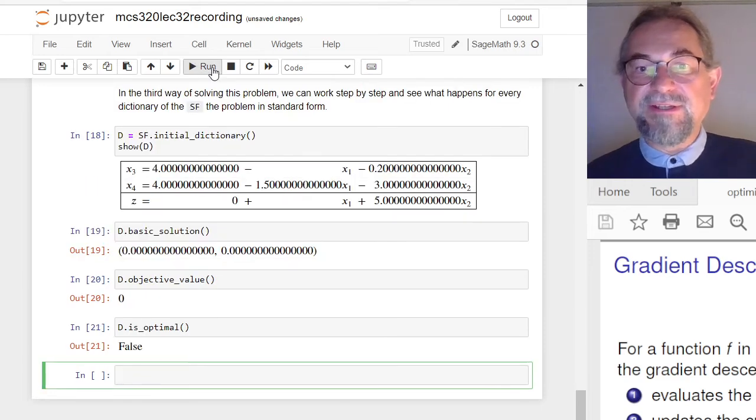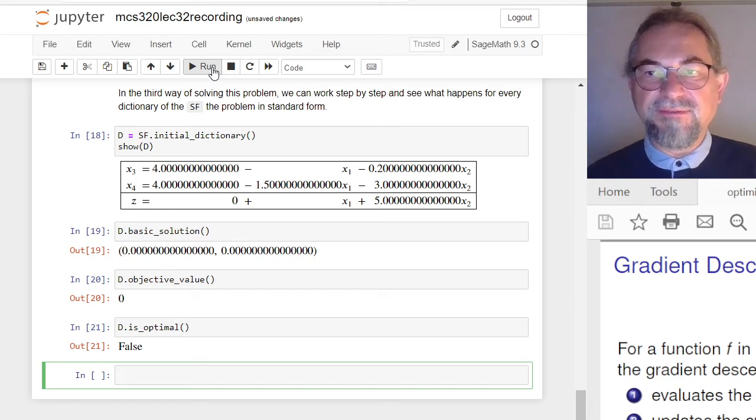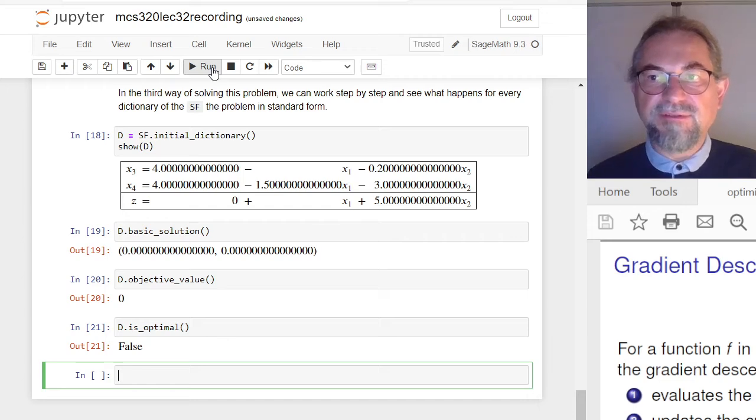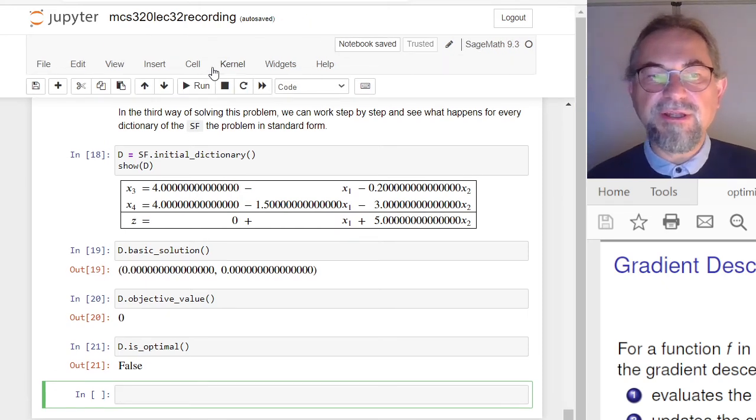So I'm doing this in an interactive environment. If you're a programmer, you might think now that you feel an itch. You could now implement your own version of the Simplex algorithm, where the data and all the methods are actually provided already on the dictionary.